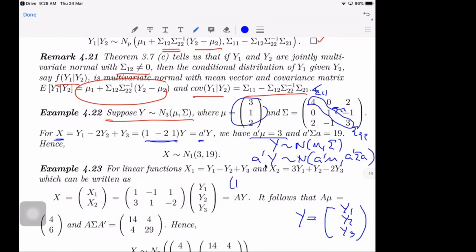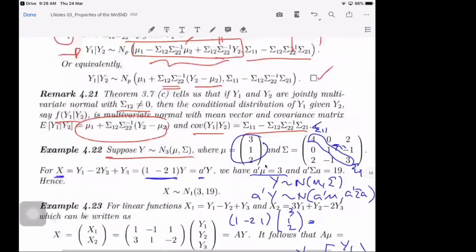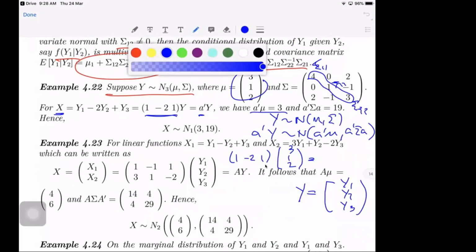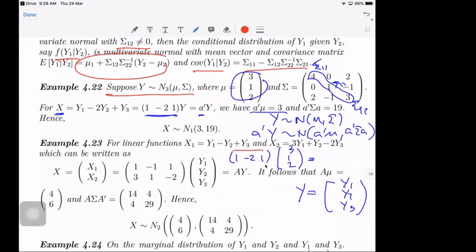So what you have is 1, negative 2, 1 times 3, 1, 2. So vector multiplication will yield that: 3 minus 2 plus 2, which is just equal to 3. And you can solve for a prime sigma a and obtain 19. So kung actual data na ang a prime sigma a is 19. So this is your sigma.